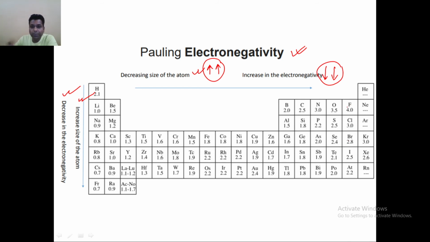This is a very common thing, and a very normal question is sometimes asked as a multiple choice question also. That's why I told you, if you have the concept of electronegativity and electropositivity, then it will help you in physical chemistry, organic chemistry, and inorganic chemistry also.